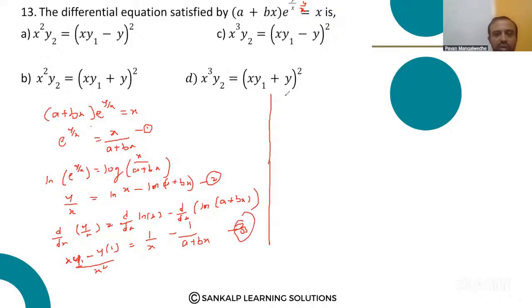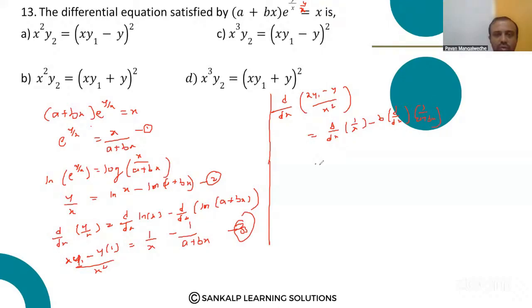So it is d by dx of this equation, that is xy1 minus y by x square, which is equal to d by dx of 1 by x minus b into d by dx of 1 by a plus bx.